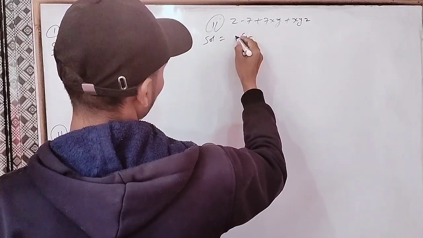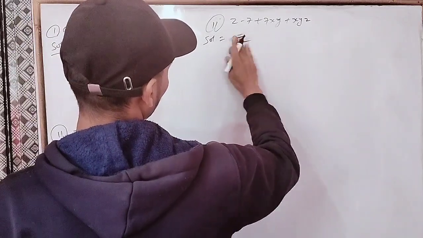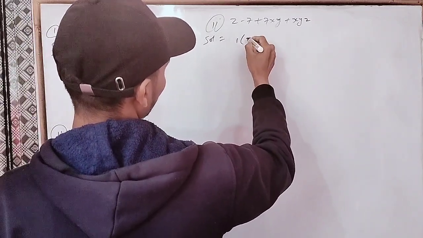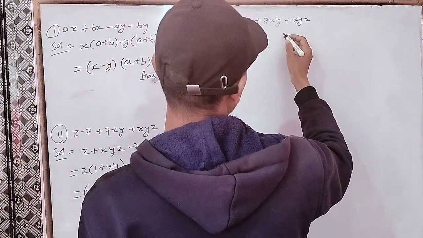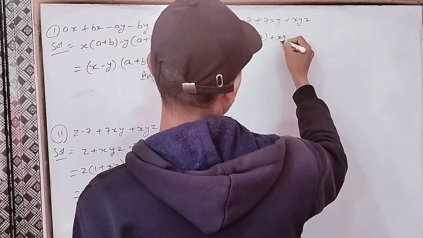No, only one. Yeah, one is common. And then here we have xy is common.